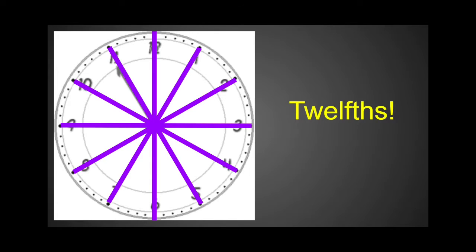Each of those 12 parts, that's a lot smaller than fourths, that's smaller than eighths. We're now down to 12ths. We're getting closer. And yet still, you can see there are plenty of spaces in between each of those 12ths where we can again get more precision than just having a circle divided into 12ths.